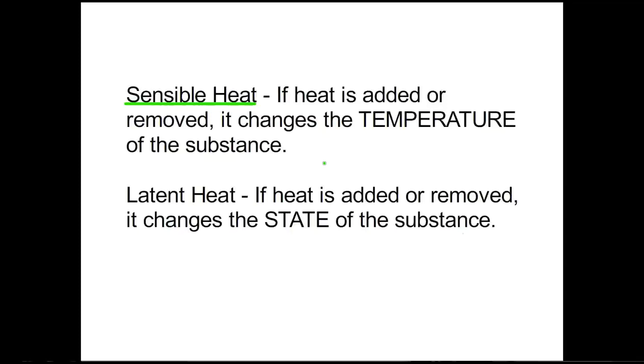And then we have latent heat, and latent means hidden, and that's heat that cannot be measured by a thermometer. If we use water as in the example in the textbook, when you start with a 75-degree pan of water and put it on the 500-degree stove, it starts to increase in temperature. And if you have a thermometer in there, it's going to show that temperature increase.